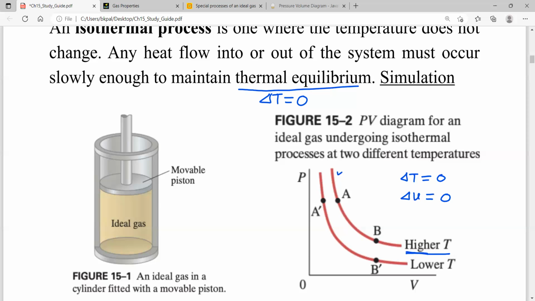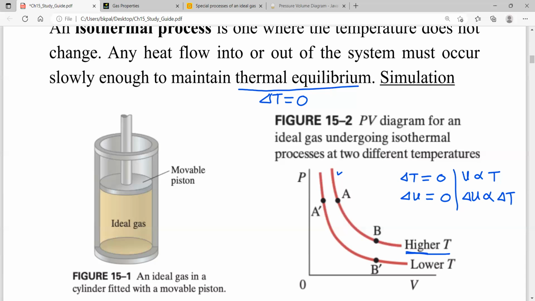Because you know that U is proportional to T. In one of the equations I wrote in the last slide, in the last chapter, you see that U is proportional to absolute temperature. So ΔU is proportional to ΔT. If ΔT is equal to 0, ΔU is also equal to 0, right?